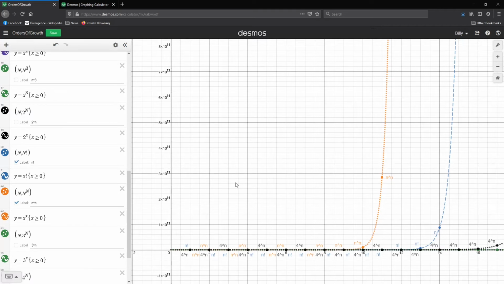So this is a sort of graphical proof of each one of those strict domination relations that I've just shown. And now we want to go through and prove some of these. I'm not going to prove all of them because that would take way too much time, but I do recommend you search for the proofs of these in the book so you can understand how to construct proofs for showing different orders of growth.